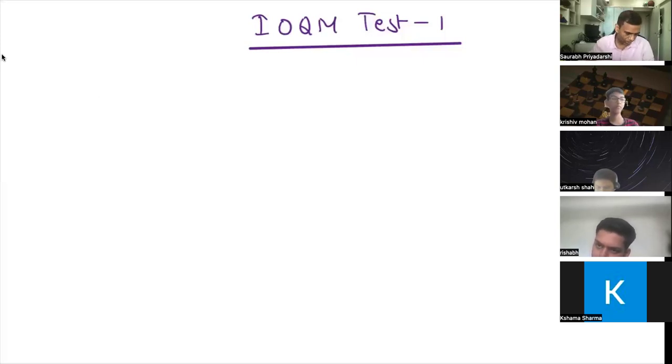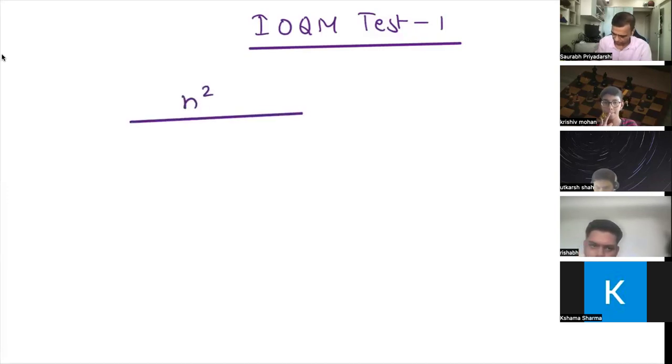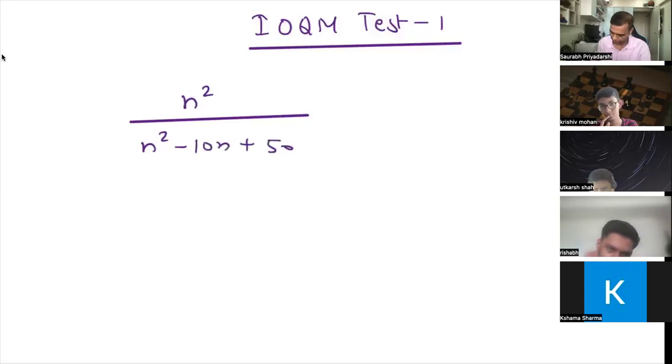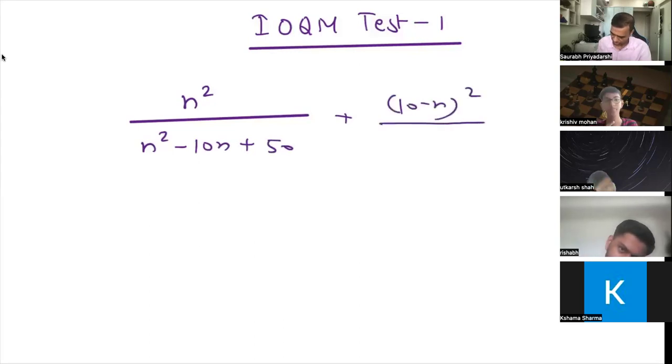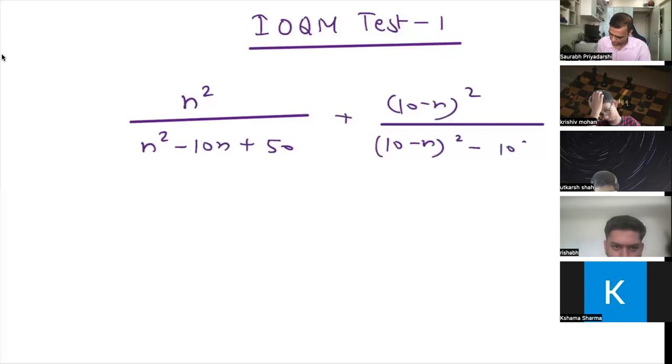So if you'll see this, right, first number is given 1 square and then the 2 square and so on. So this is nothing but n square upon, right, the combination of term is n square minus 10n plus 50 plus 10 minus n the whole square upon, right, 10 minus n the whole square minus 10 into 10 minus n plus 50.